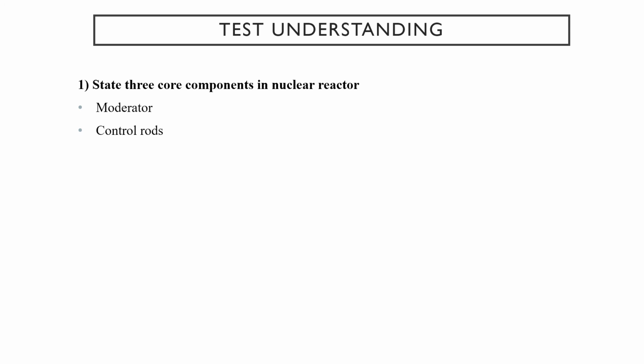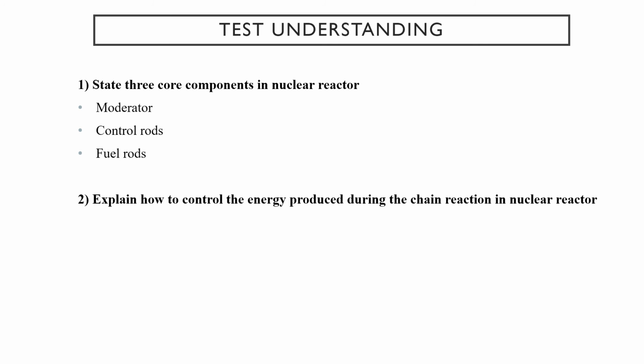So before we end our lesson, let's answer some questions to test your understanding. The first question is, state 3 core components in a nuclear reactor. So the answer is moderator, control rods, and fuel rods, because the keyword is 3 core components.